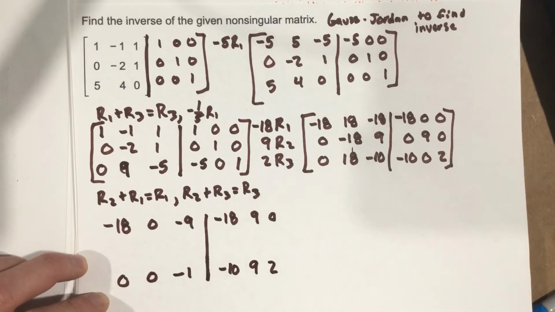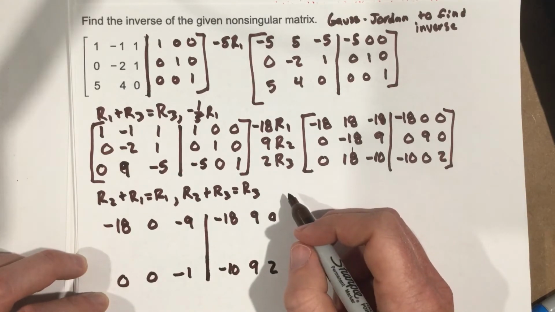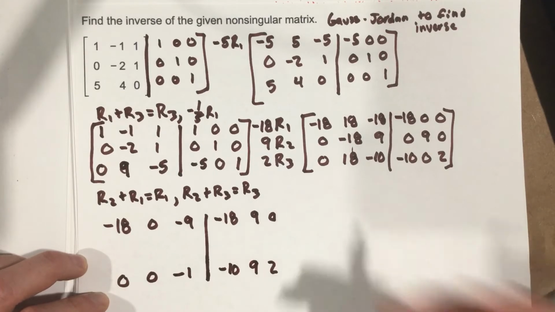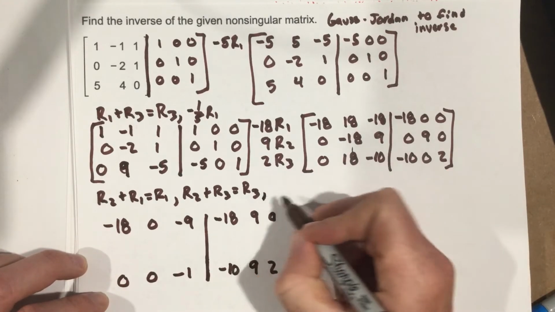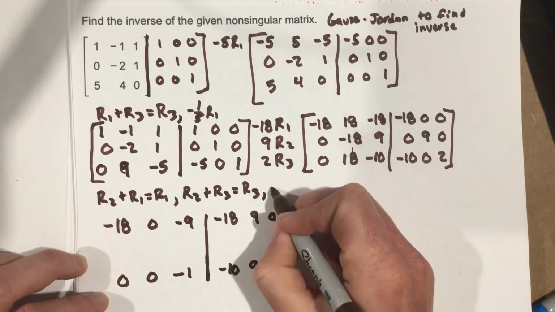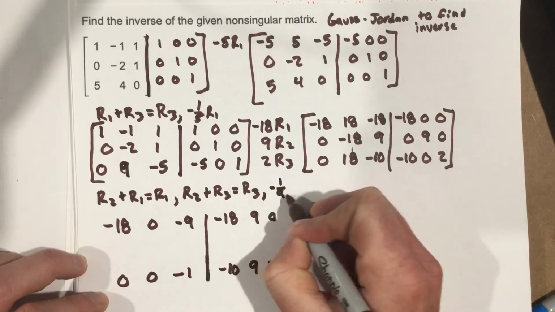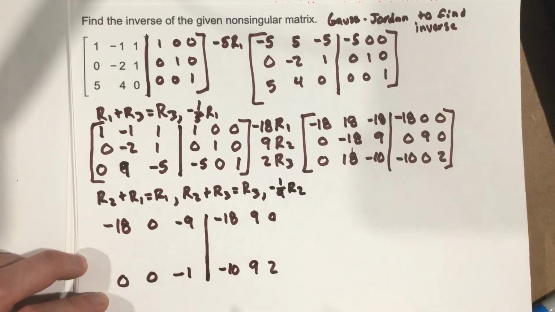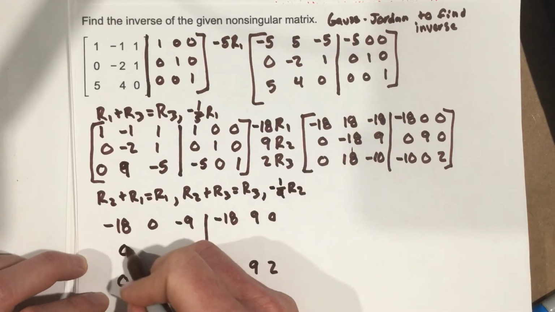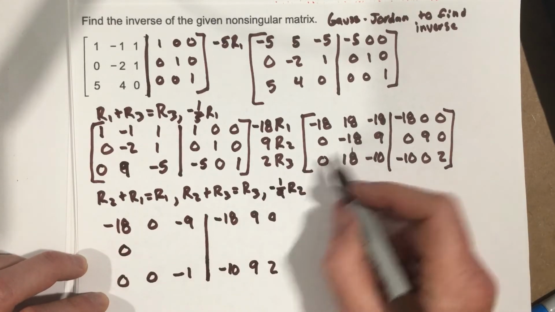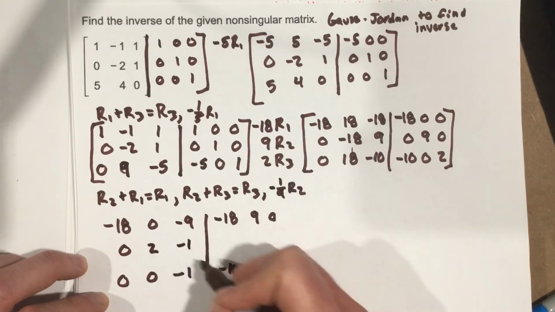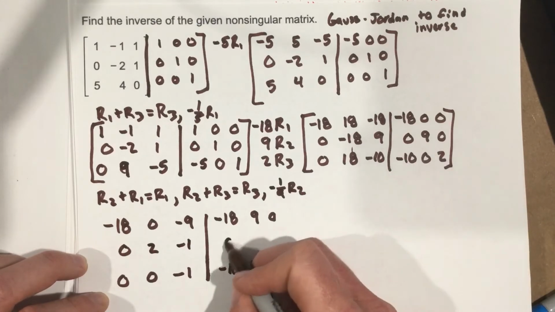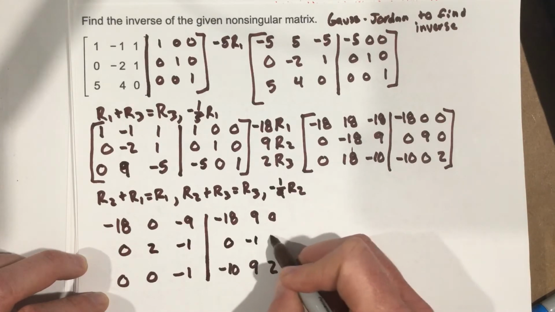And the middle equation then, I'm going to move this back to what it was originally. So I'm going to multiply it by negative 1/9 R2 at the same time. So that's going to be 0. This will be 2. This is going to be negative 1. And this is going to be 0, negative 1, 0.